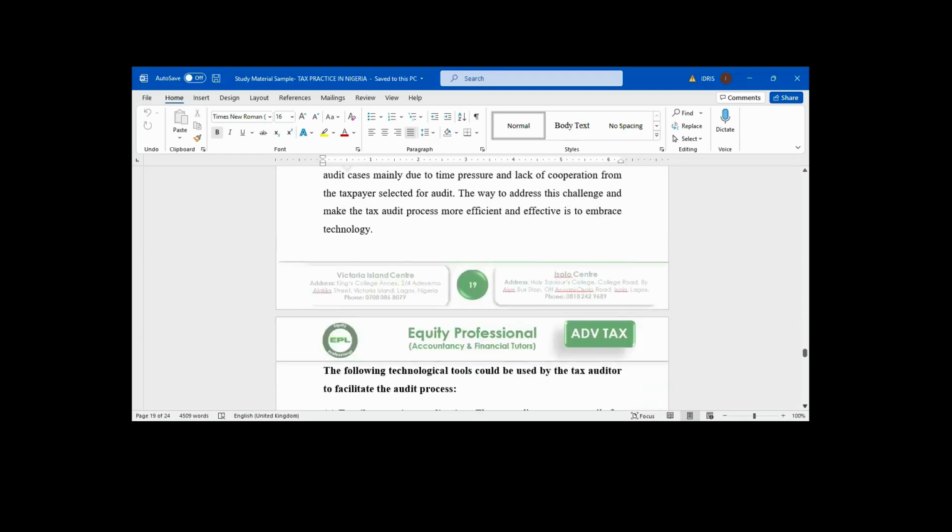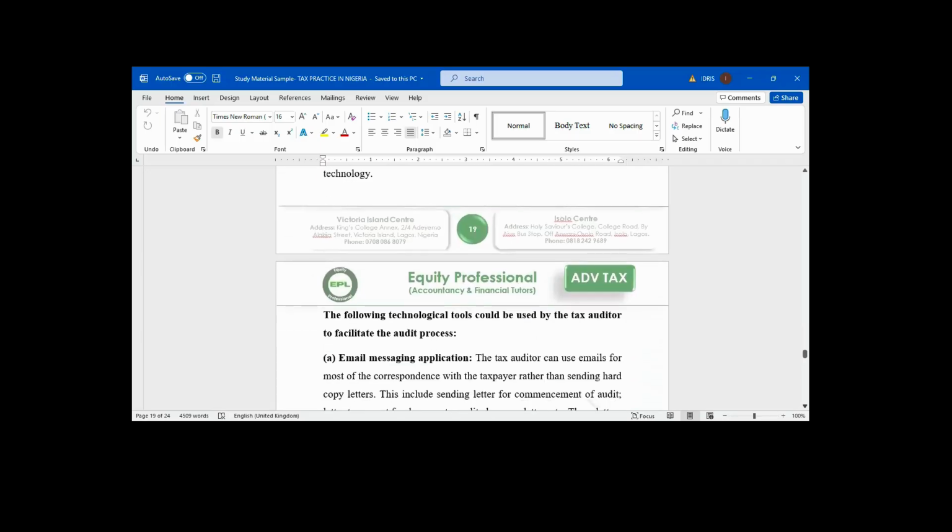One of the IT tools that they may use is called email messaging application. That means they will be exchanging email. Maybe they have a Gmail or Yahoo Mail. They will be using Yahoo Mail or Gmail to communicate with the taxpayer, to ask for information on the taxpayer.